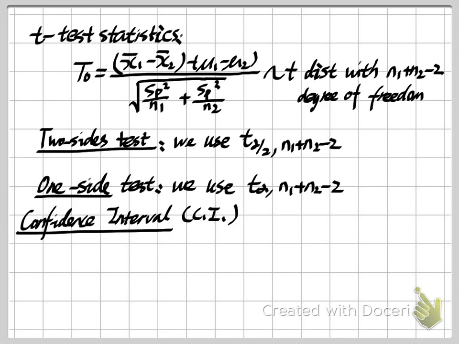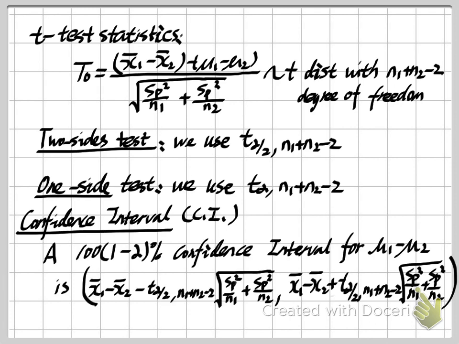Let me write this formula for our confidence interval. For our 100 times (1 minus alpha) percent confidence level, the confidence interval is denoted by this equation.